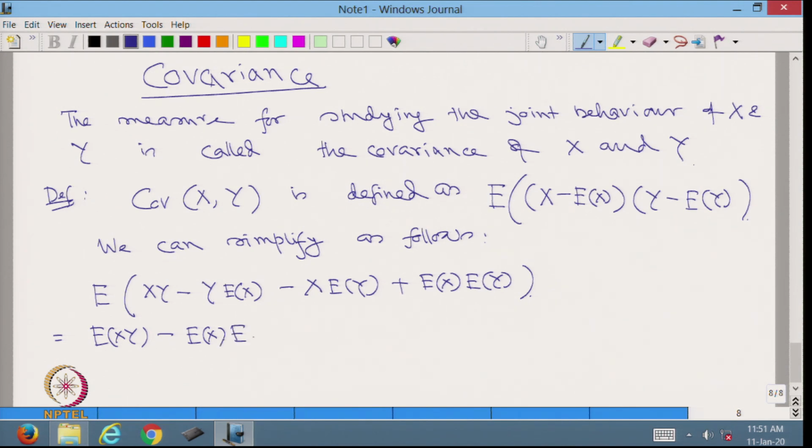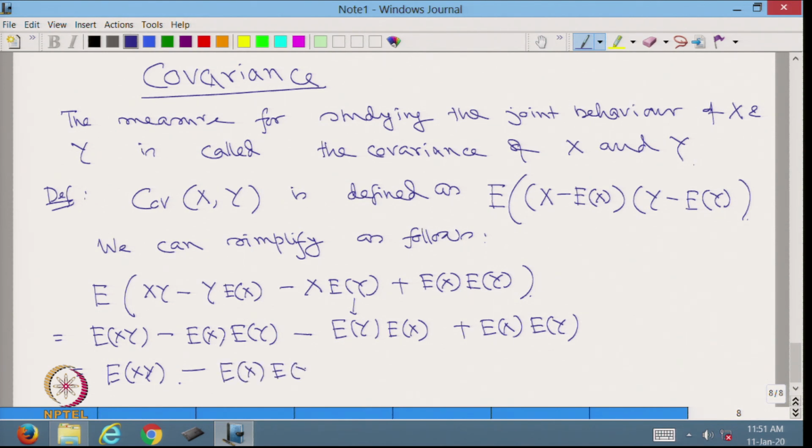Therefore, we take it out and then we take expectation of Y, minus expectation of Y, which is a constant, we take out and multiply by expectation of X, plus expectation of X into expectation of Y, which is equal to expectation of XY minus expectation of X into expectation of Y.